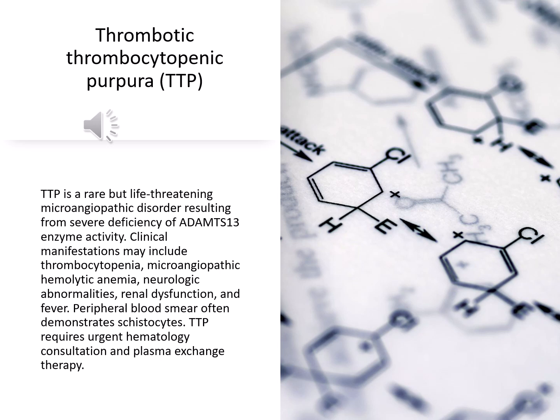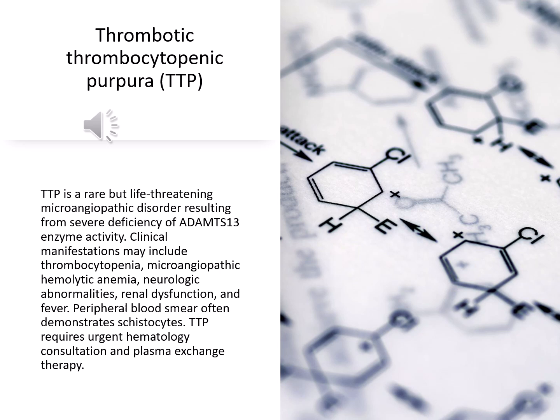Thrombotic thrombocytopenic purpura (TTP). TTP is a rare but life-threatening microangiopathic disorder resulting from severe deficiency of ADAMTS13 enzyme activity.